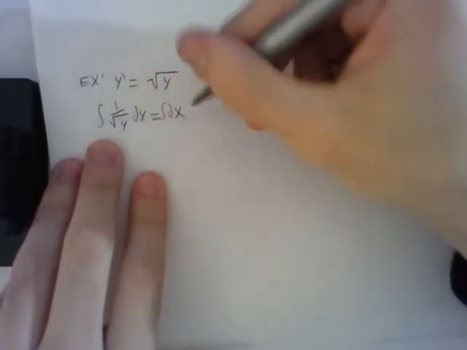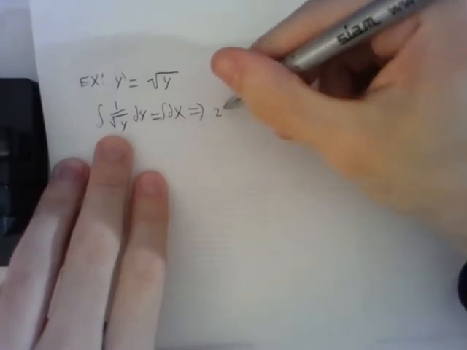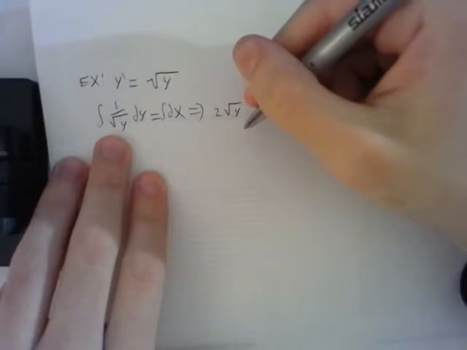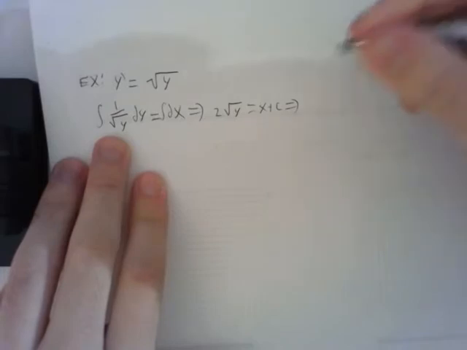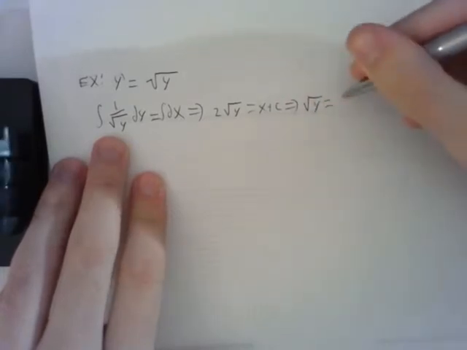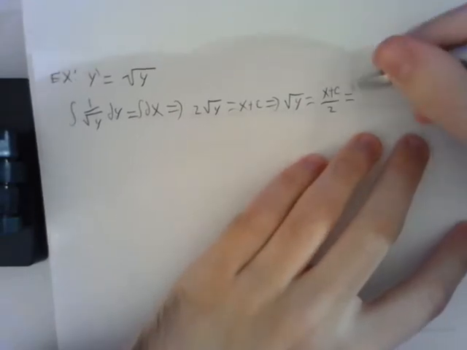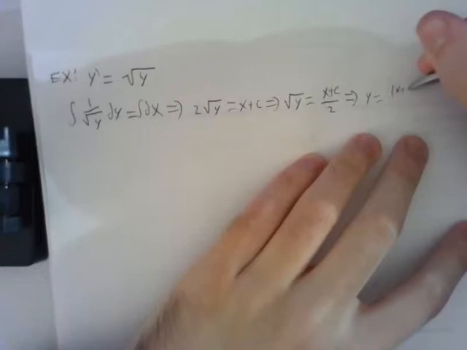Integrate both sides. We can see that 2 square root y is equal to x plus c, or in other words, square root y is equal to (x plus c) divided by 2. And so y is equal to (x plus c) squared divided by 4.